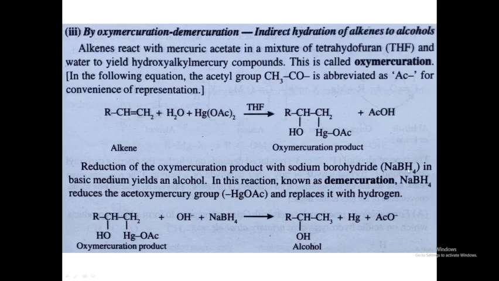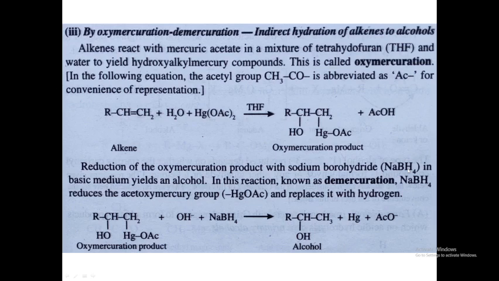Sodium borohydride reduces the acetoxy-mercury group and replaces it with hydrogen. So the oxymercuration product reacts with sodium borohydride in alkaline medium, the mercuric acetate part is removed, hydrogen is added to it, and this compound is reduced to give an alcohol.